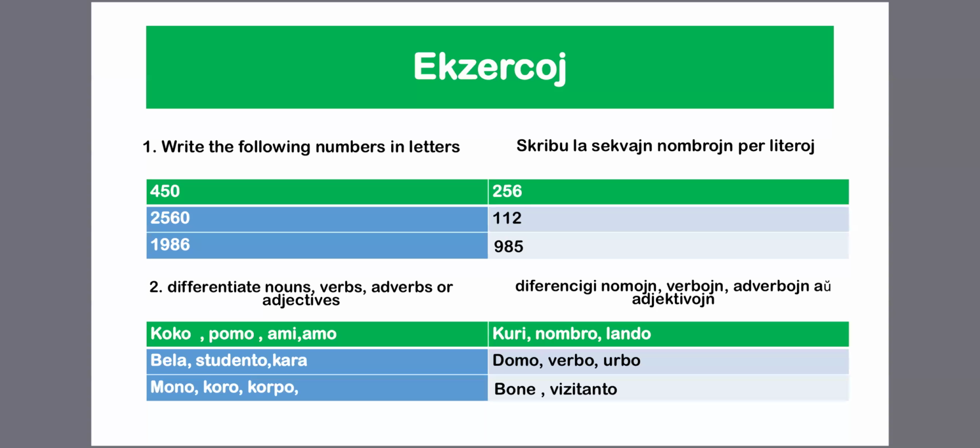We need to take each item. If it's a name, you say this is a name. If it's an adjective, you say this is an adjective, based on what we have learned so far. Adjective is adjectivo. Nomo, it's a name. Adverbo, it's an adverb. So we need to learn how to say it in Esperanto.